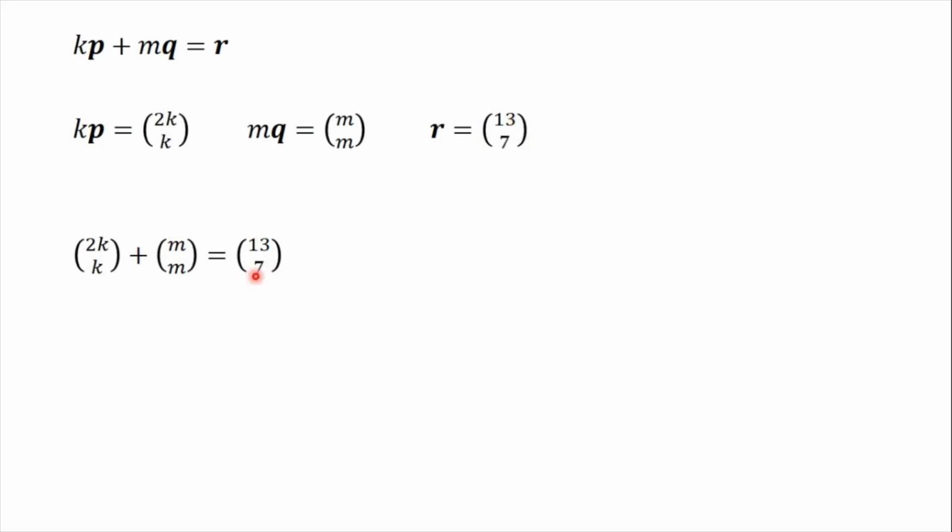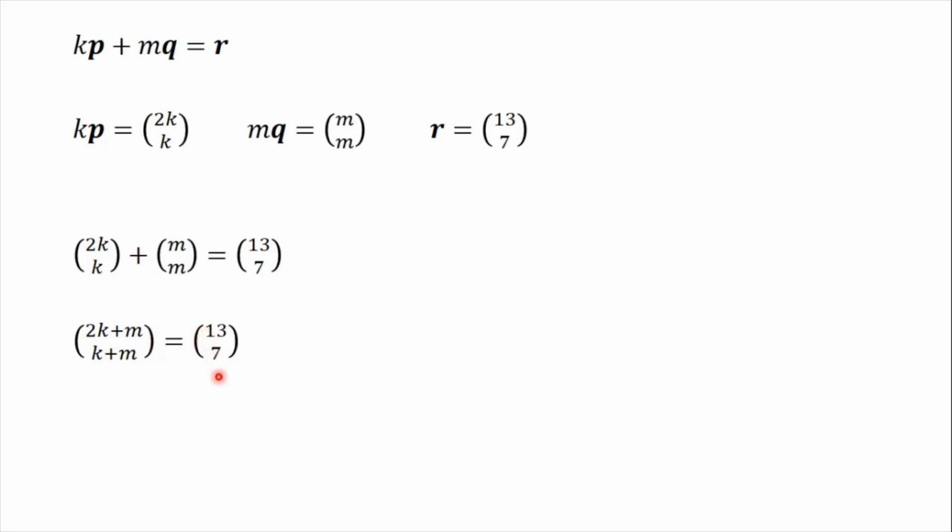I hope that is clear. We know from addition of vectors that (2k, k) plus (m, m) will give us (2k + m, k + m). You learned this in addition of vectors. So this is equal to (13, 7).